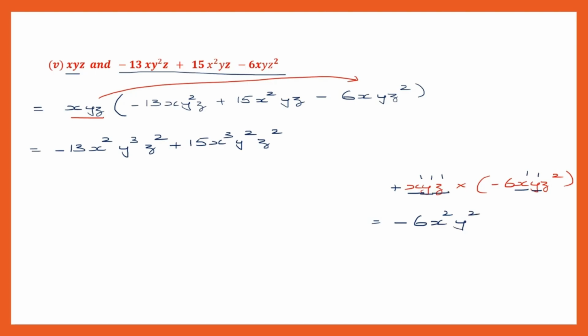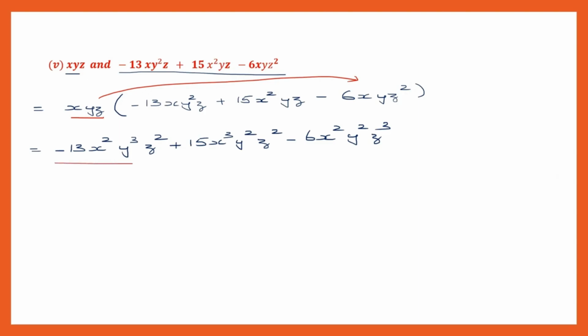Z is 1 here. On the other side z is 2. So z to the power of 3. So here we have minus 6 x square y square z cube. So this is our final answer. Let's read it out. Minus 13 x square y cube z square plus 15 x cube y square z square minus 6 x square y square z cube.